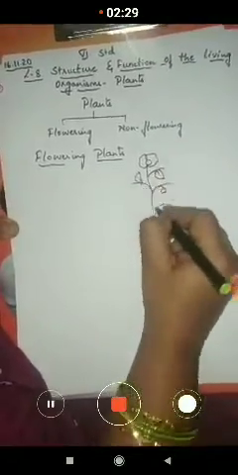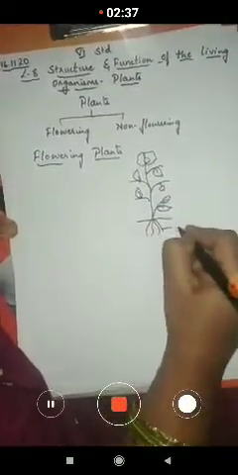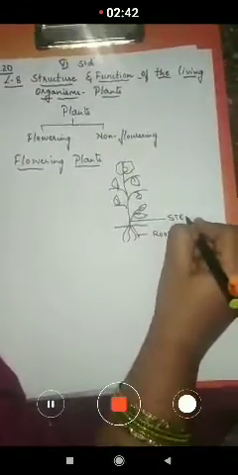fruit, the leaves. Okay, so you have learned these different parts. This is the root, stem, leaf, flower, it's not flower, fruit, this is flower, and here this is the branch.